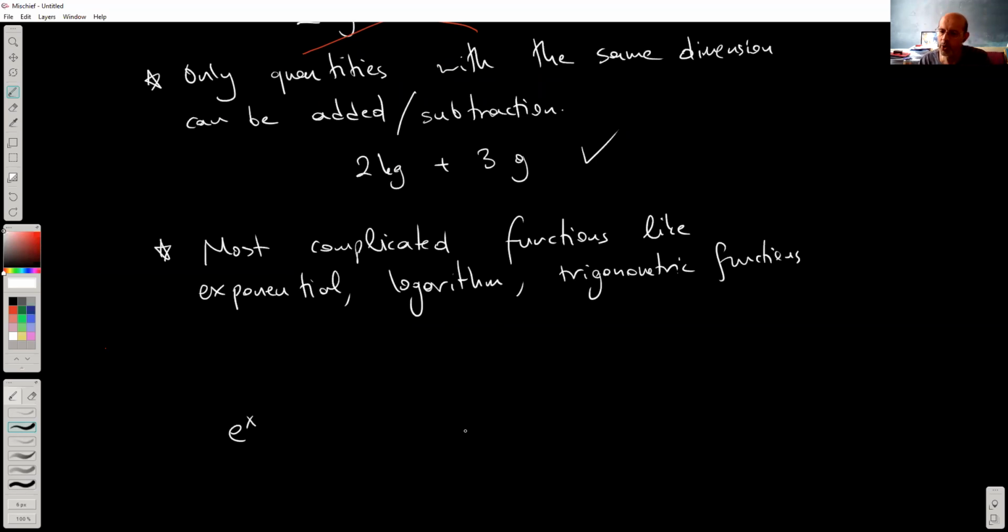But some dimensionless quantities might have units, and the angle is a nice example for it. I'm just going to say it here, and later we are going to visit it. So the exponential function, I think you are going to see this in calculus, but I'm just going to write it here. There's something called a Taylor series expansion. So this can be expanded like this: 1 plus x, plus x squared divided by 2, and then x cubed divided by 3 factorial, and so on.